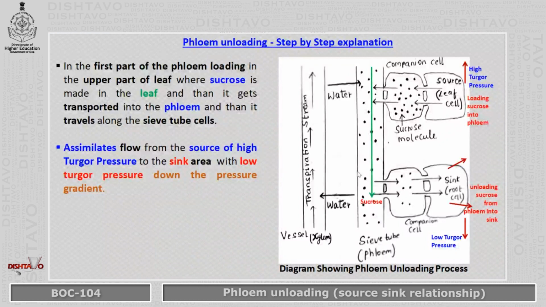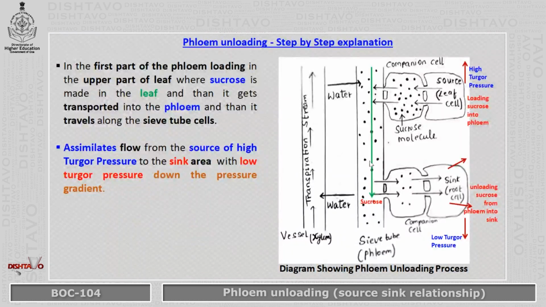Let us see the phloem unloading step-by-step explanation. In the first step, phloem loading, in the upper part of the leaf sucrose is made, and then it gets transported from the source to the sieve tube elements of the phloem. From there, the sucrose travels along the sieve tube cells.